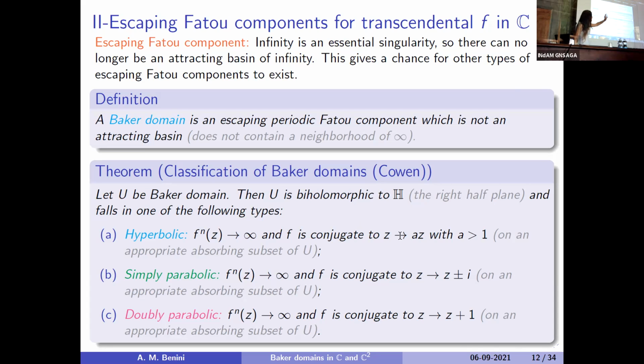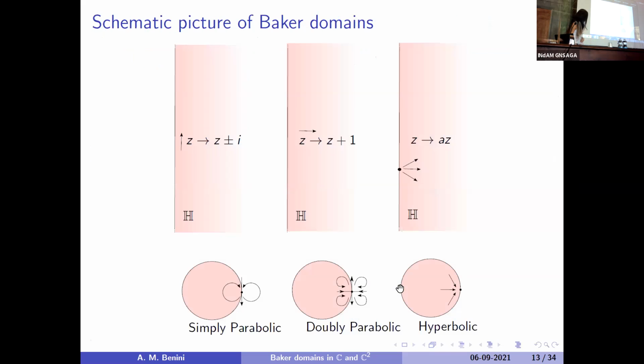So you move towards infinity in this specific way, or you can be essentially a parabolic domain. You don't want to get into this too much, now we will see the picture, or you can be something which is slightly different from a parabolic domain. Let me show you the pictures and comment on them in a minute before we move to C2.